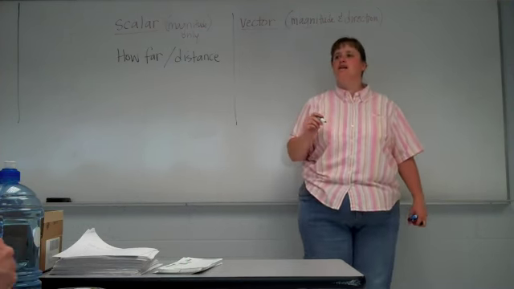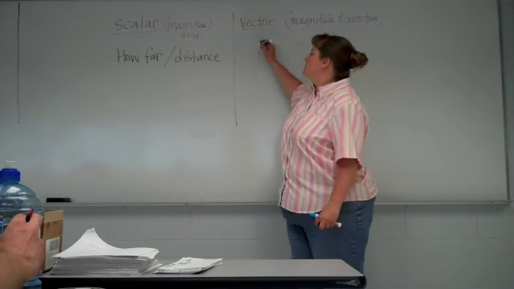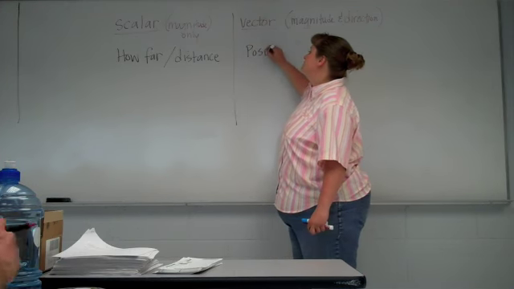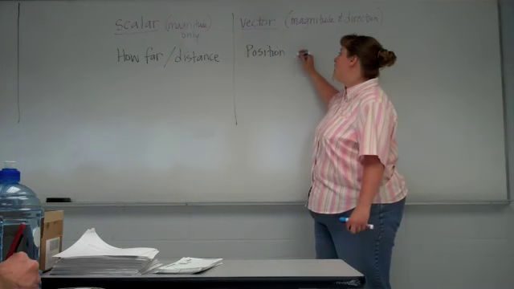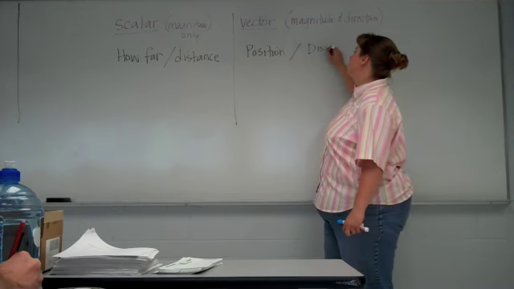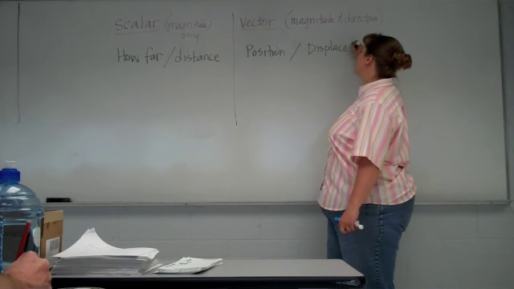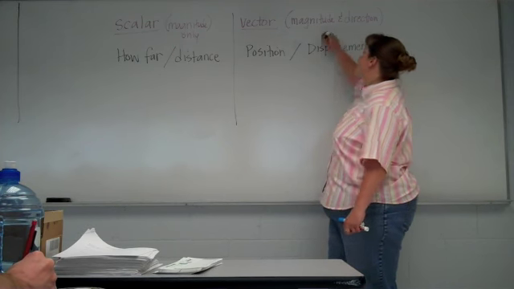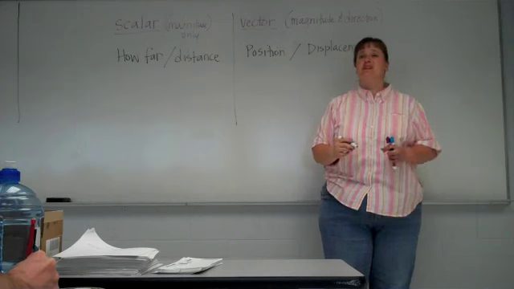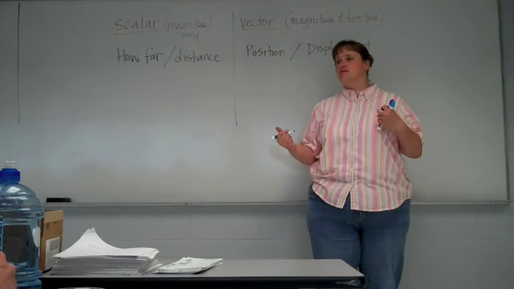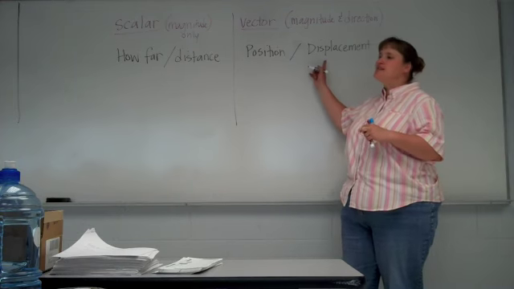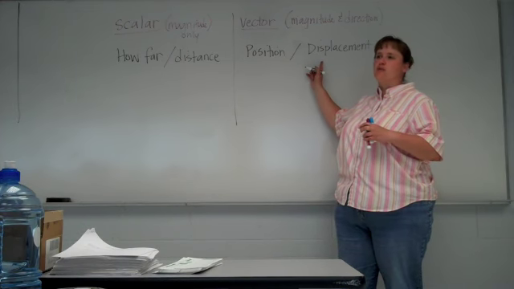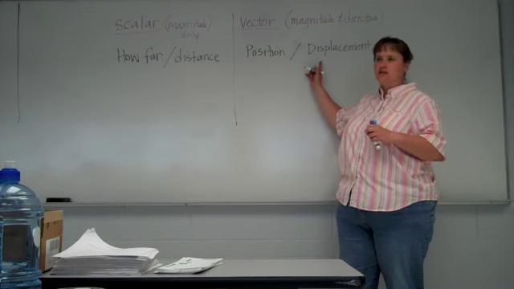The vector corollary would be the position or a displacement. Position, meaning 15 miles north of here. How far and what direction. Displacement is where you end up relative to where you started.